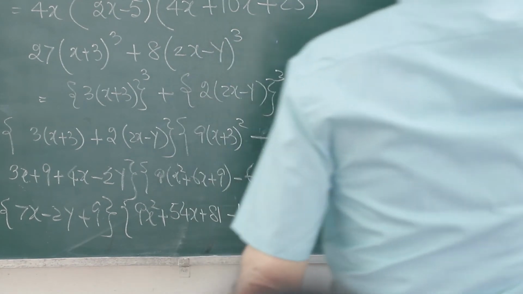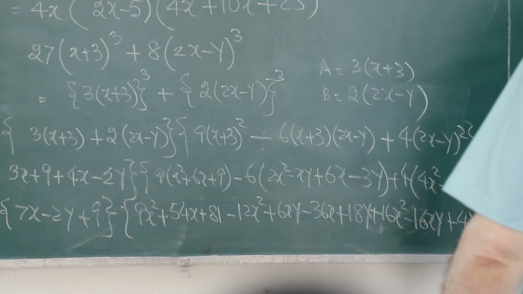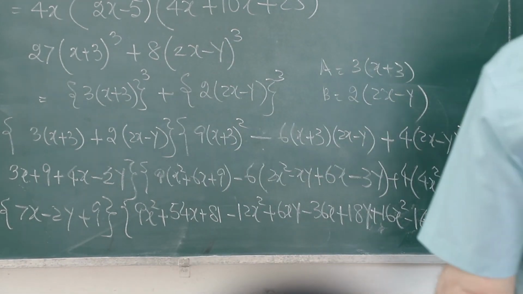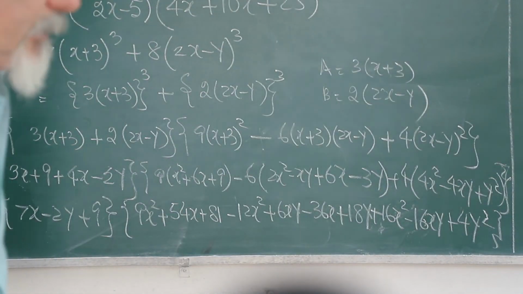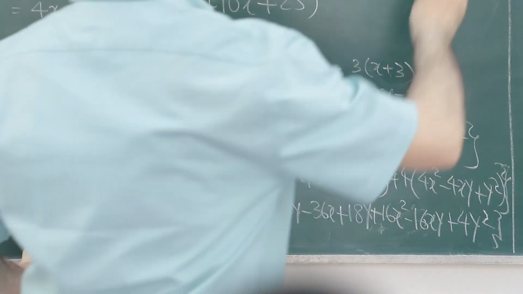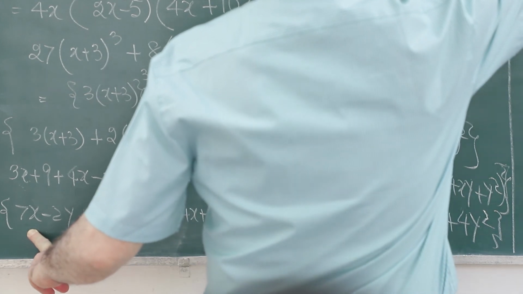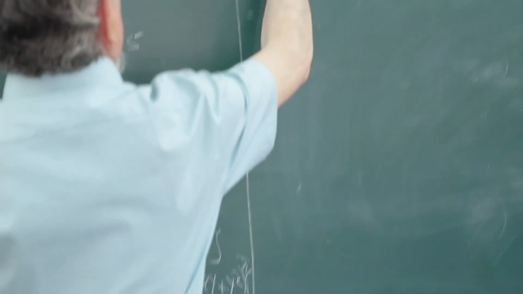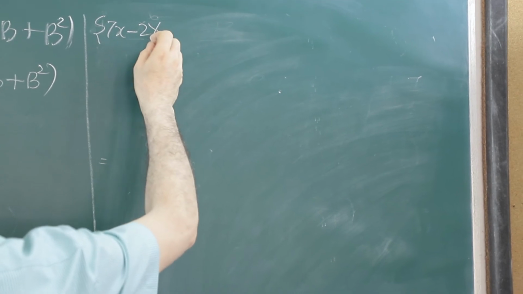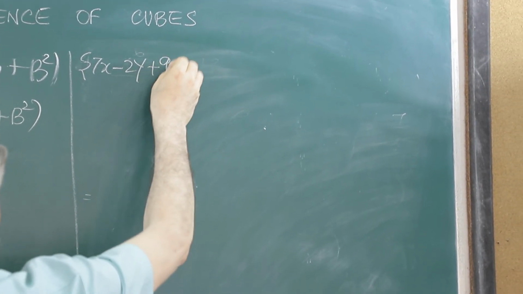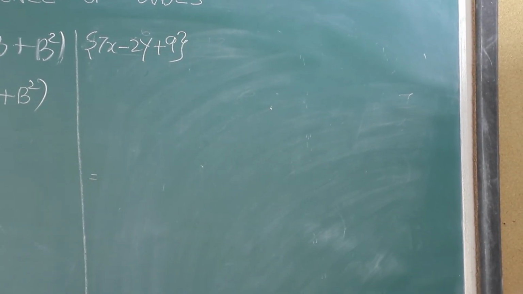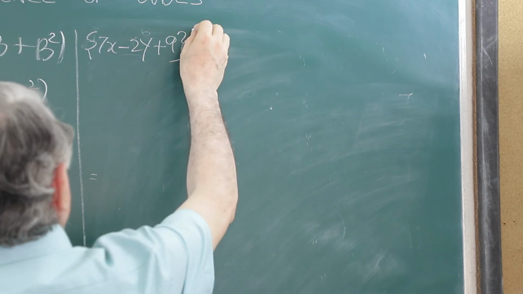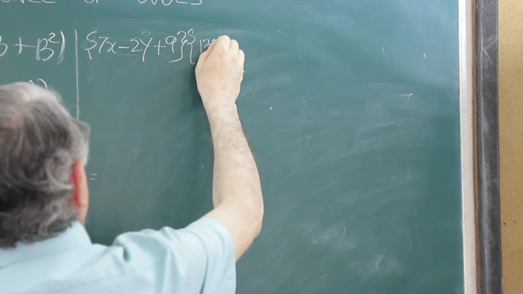The first factor is clear. I have already collected the like terms: 7x minus 2y plus 9. Now x square, 9x square minus 12x square will be minus 3x square, and plus 16x square will be 13x square.